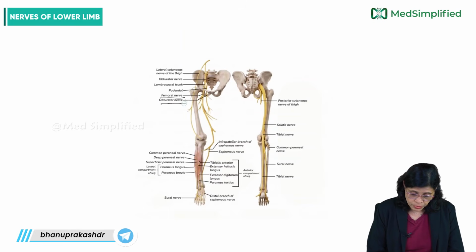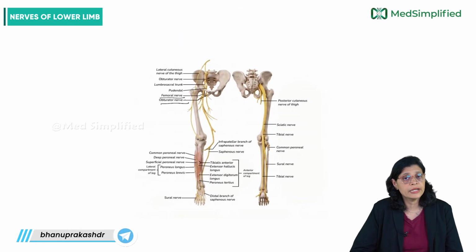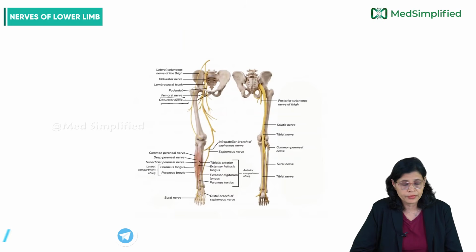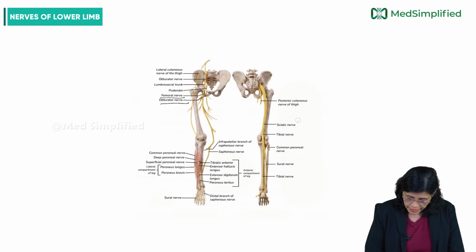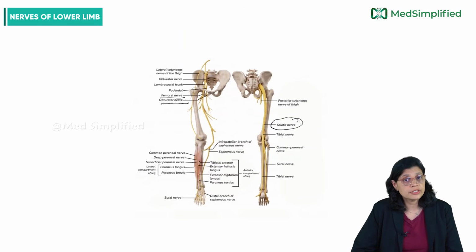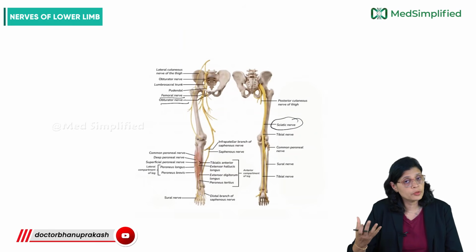Then we have the obturator nerve, which is the nerve of the medial compartment or adductor compartment of the thigh. Posteriorly, we have the sciatic nerve, which is the nerve of the posterior compartment of the thigh, otherwise called the flexor compartment of the thigh.